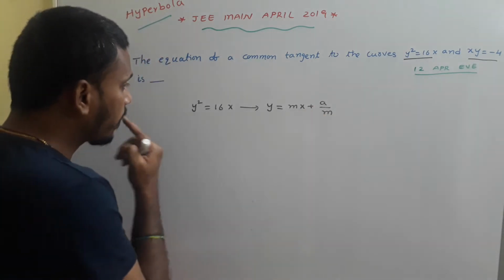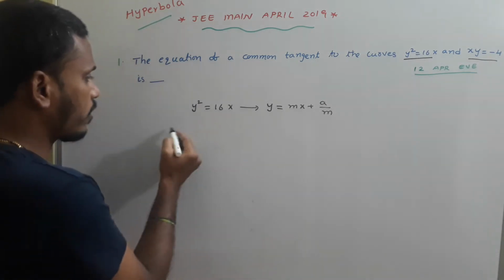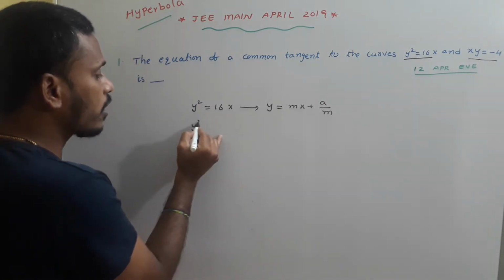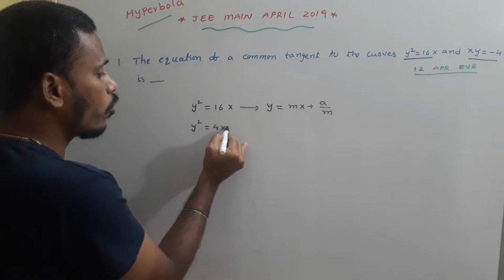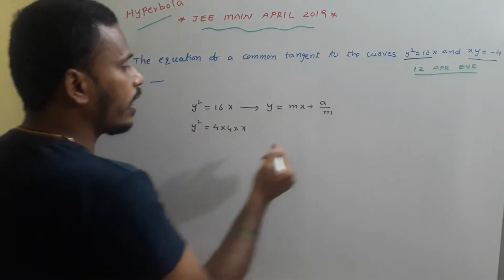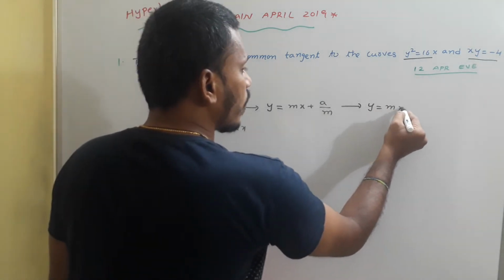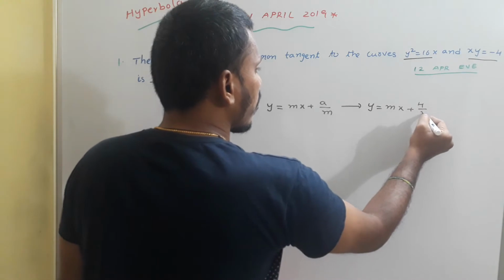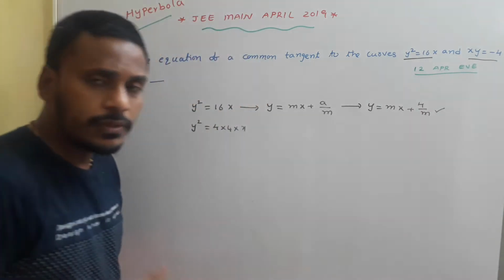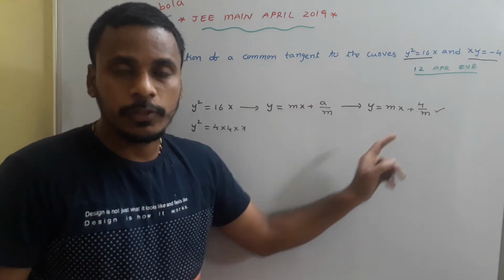Here, 16x is 4 into 4x, so in the standard form 4ax, a is 4. So the tangent equation is y is equal to mx plus 4 by m.